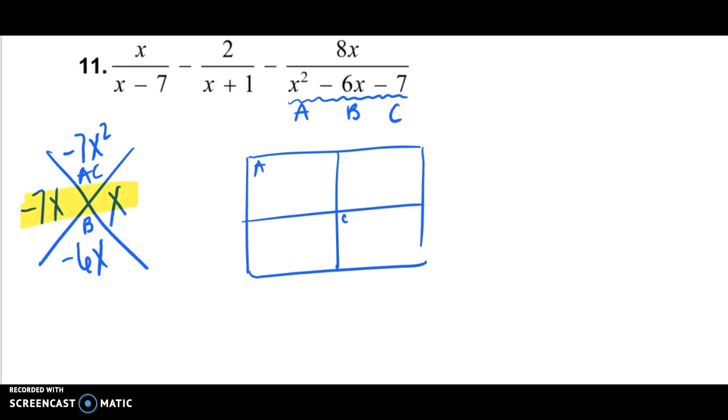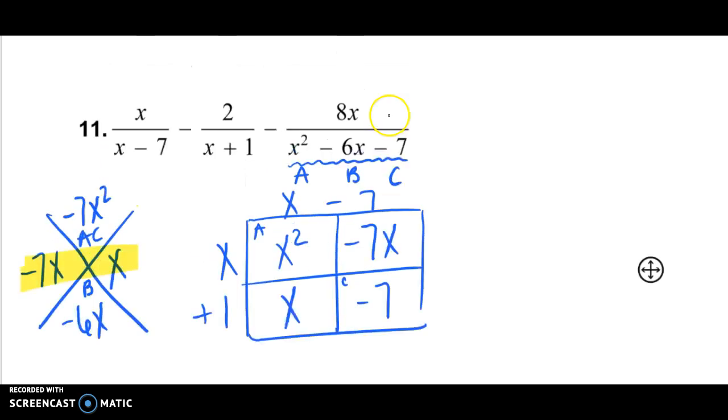We write into our box, a is x squared, c is negative 7. Our new terms are negative 7x and x. In order to get x squared, you need x times x. Here you're going to need a 7. Here you're going to need a positive 1.